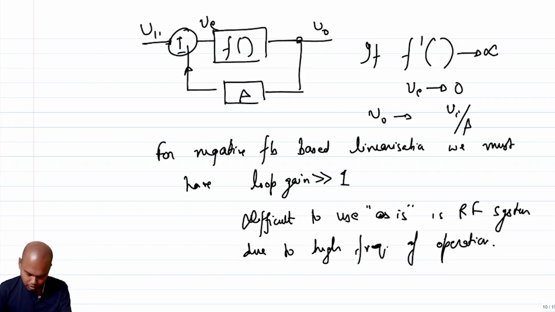So let's stop here. In the next lecture, we'll start off from some other linearization techniques. If negative feedback based things cannot work, then obviously you'll have to do something in open loop. So we'll talk about a couple of ways of linearizing using open loop protocols, right? Okay.